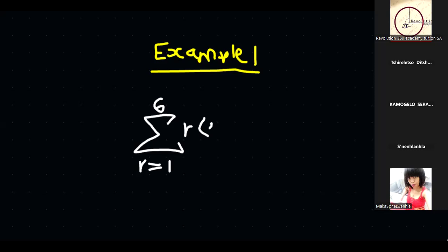As I was saying, let's say they give you R and then open bracket R plus 1. What you must not forget is that the number on top of the sigma sign, you always end with it.